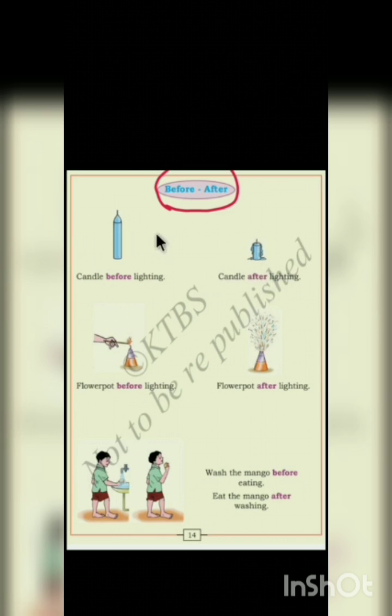Before lighting it was like this, and after lighting it became like this. This is the flower pot before lighting. This is the flower pot after lighting.